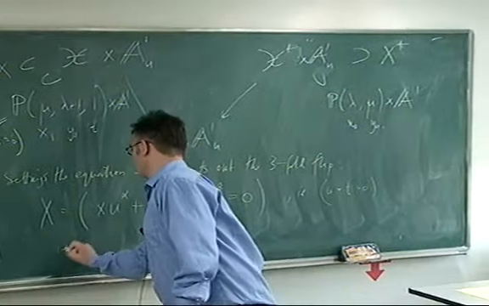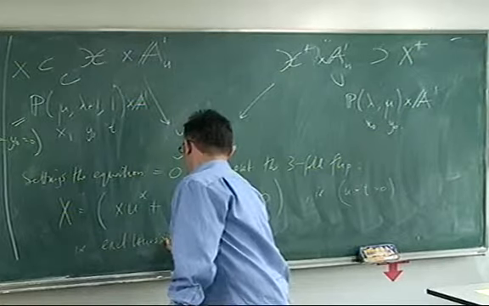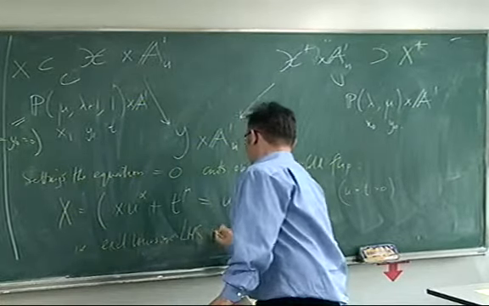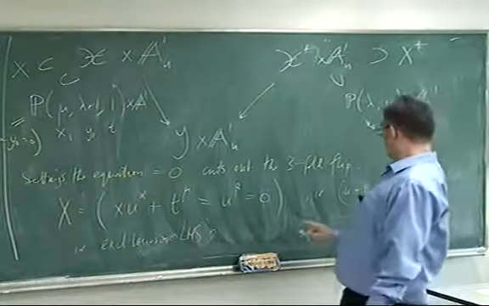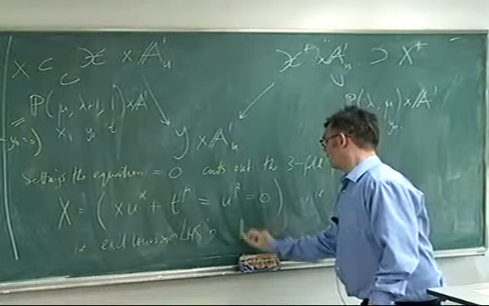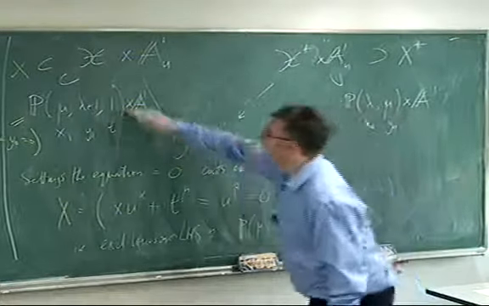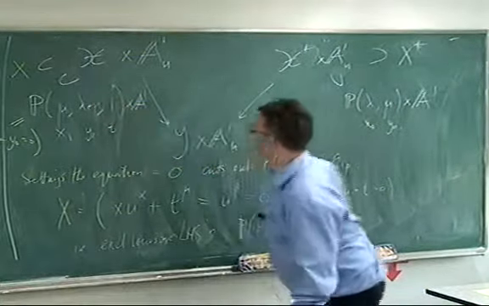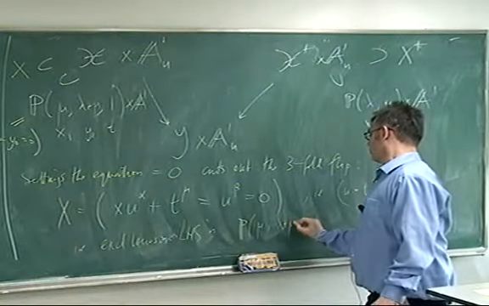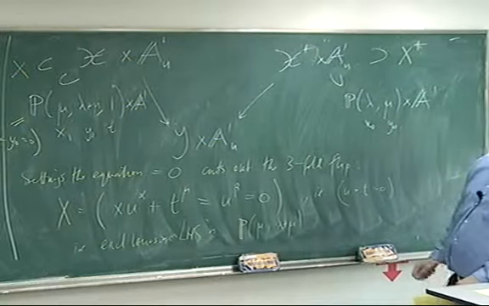So in other words, the exceptional locus on the left is, I've set u as 0, so that's killed this A1. I've set t as 0, so it's a P of mu. I think this is lambda plus mu, isn't it? Lambda plus mu. Sorry?